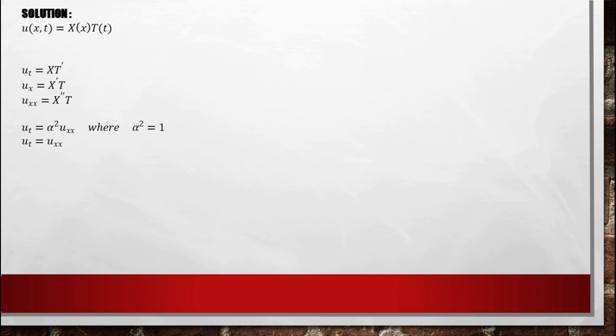Based on u_t is equal to u_xx, we get X T prime is equal to X prime prime T. T prime over T is equal to X prime prime over X is equal to k. Let k be equal to negative lambda squared. We will get T prime over T is equal to negative lambda squared, and X prime prime over X is equal to negative lambda squared.